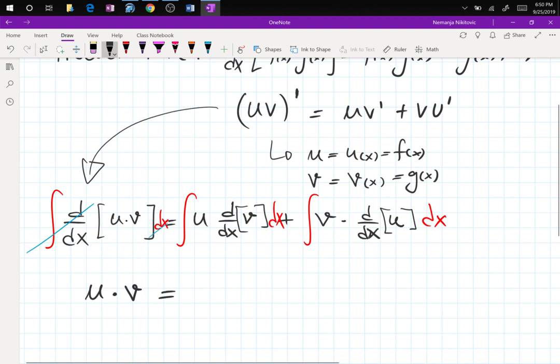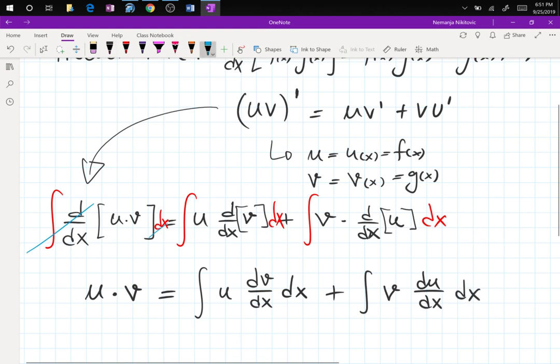Now, on the right-hand side, these do not cancel. So we are going to keep this as, well, let me write it this way. You can't cancel until you write it as u dv/dx dx plus integral of v du/dx dx.